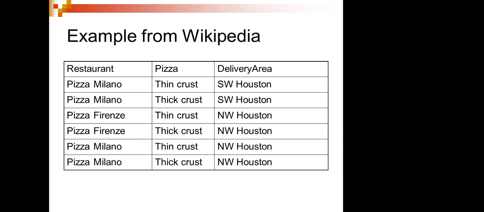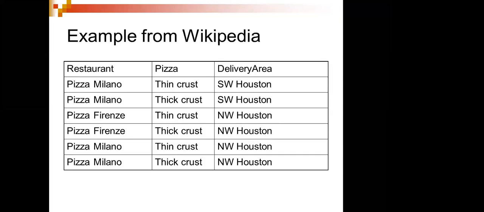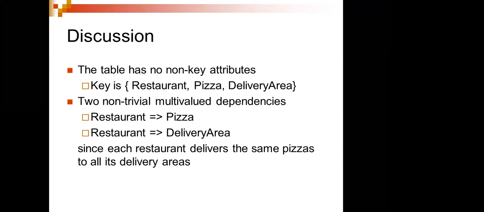I will segregate this in the fourth normal form. So here you can see how I'll be doing it. The table has no non-key attribute. That means the key is restaurant, pizza, delivery area. These are the three keys we have. So three columns are there, and two non-trivial multi-valued dependencies.